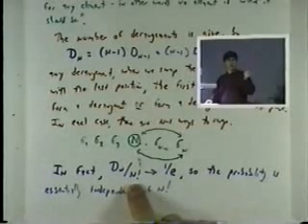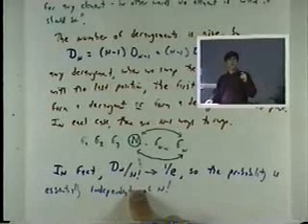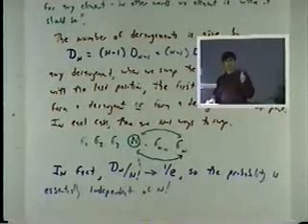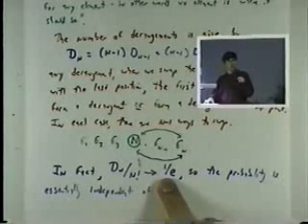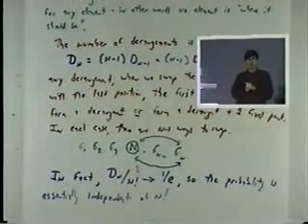Each assignment of hats is a random permutation. Some of them are going to be derangements, some of them are not. The ratio of those is the probability.